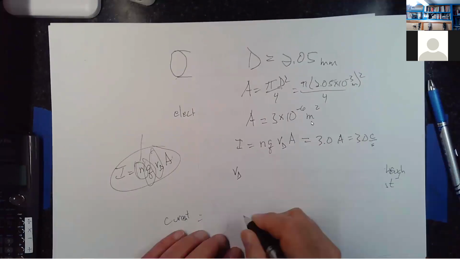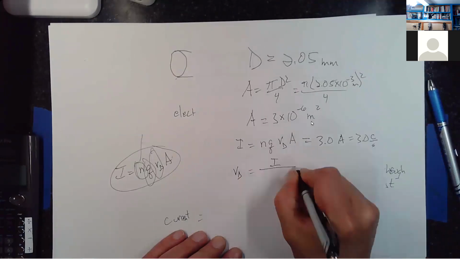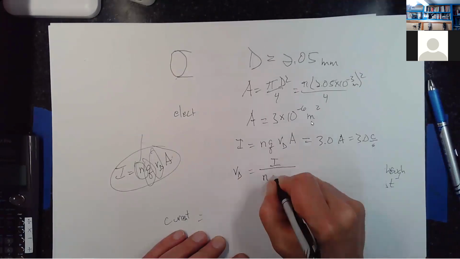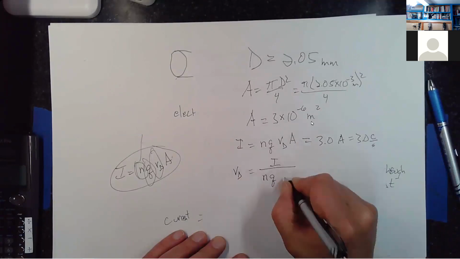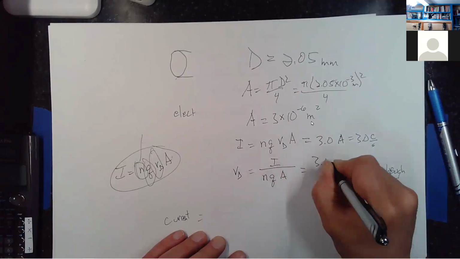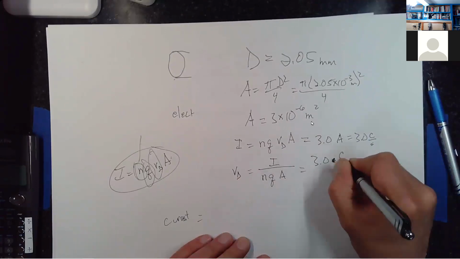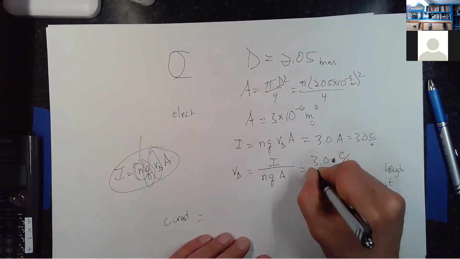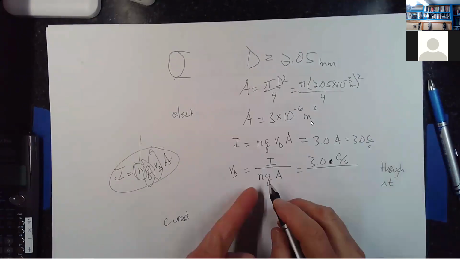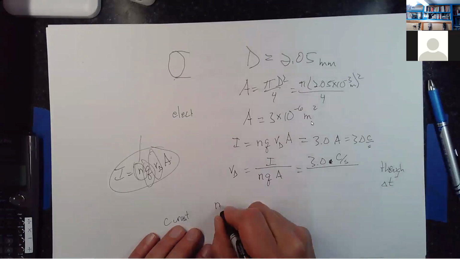So the drift velocity will equal I divided by NQA, and 3.0 coulombs per second divided by N, which is the one that's a challenge, but I can figure it out from the density of copper.